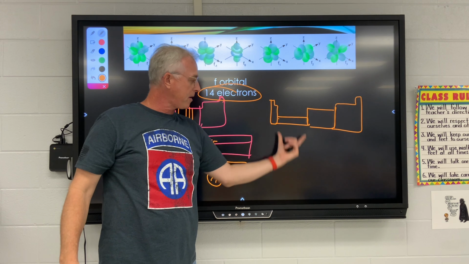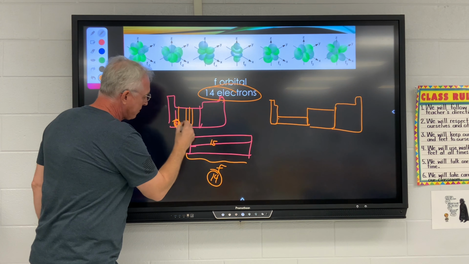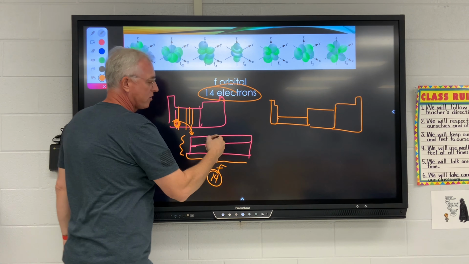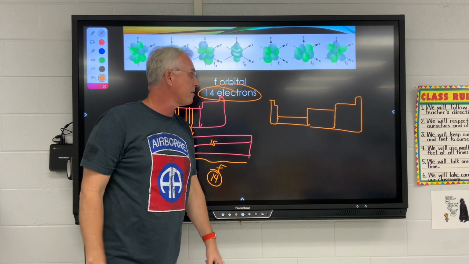But depending on what periodic table you're using, the F block may have 15 columns because it takes these two guys right here and puts them at the very beginning. Just remember that the number of electrons in each orbital has got to be an even number, so when you count up 15, drop it back to 14, you're good to go.